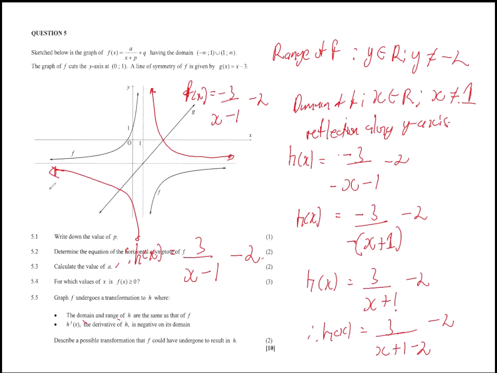Yeah. Almost like this. So that would be a reflection along the y-axis and then a shift 2 units to the right. Okay, yeah. Hope so. So, okay, how do I then define that? I would say this is a reflection along y-axis and translation 2 units to the right.